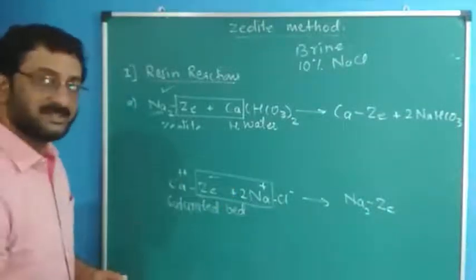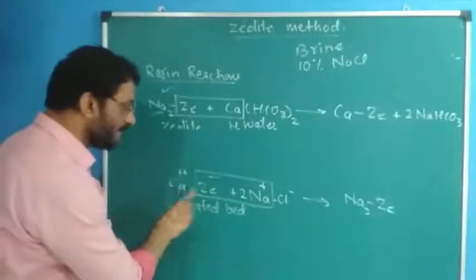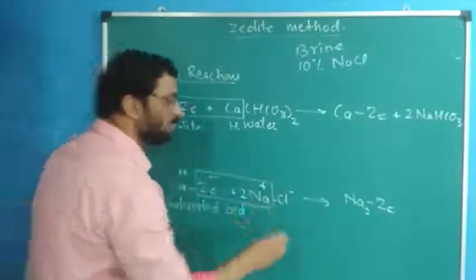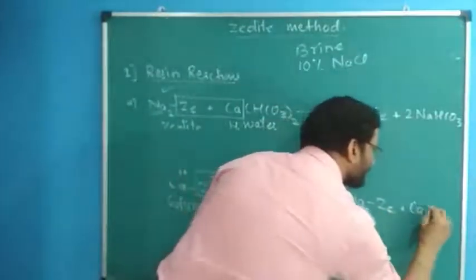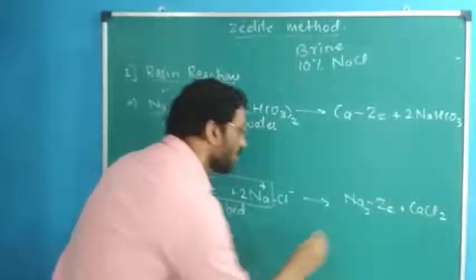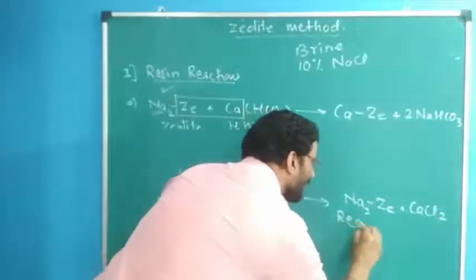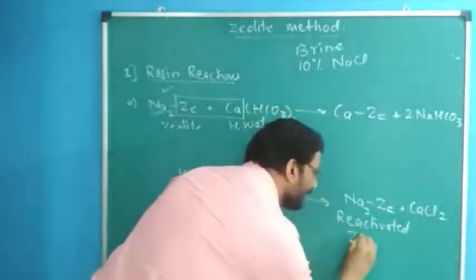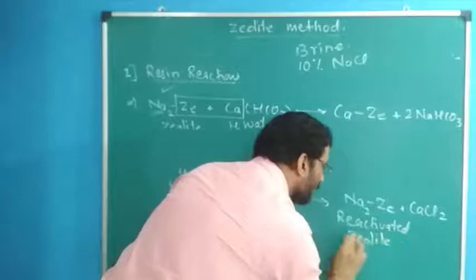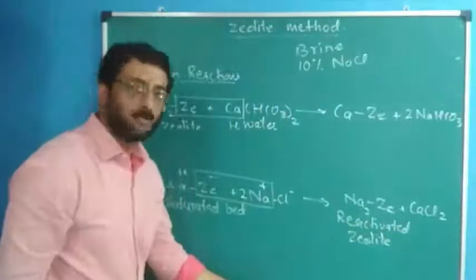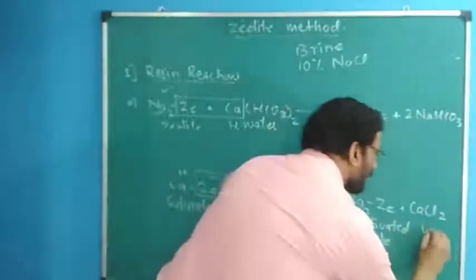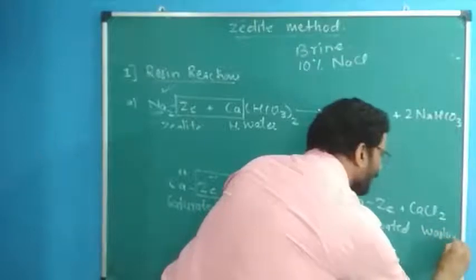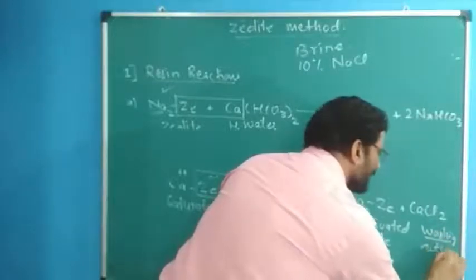Na+ is available there. Plus I will get CaCl2, just joining the opposite ends. This is reactivated zeolite that is ready for further softening of hard water, and this CaCl2 is called washings, which is drained away by a separate outlet.